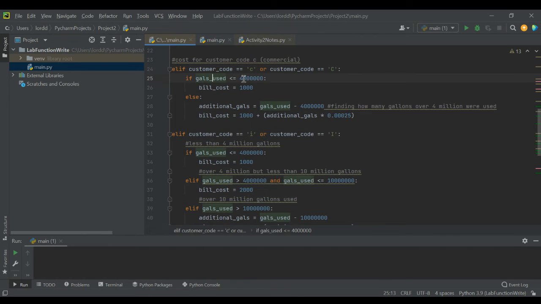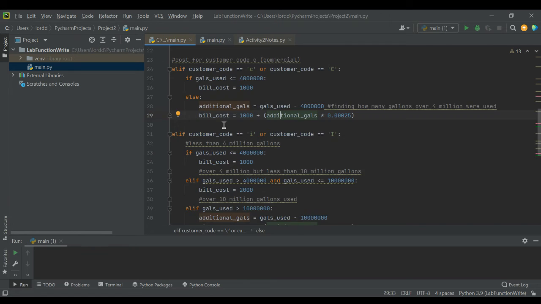And now if gallons used is less than or equal to 4 million, then the bill cost is just 1,000. But if it's greater than 4 million, first we calculate how many gallons above 4 million it was. So we get gallons used minus 4 million to find those additional gallons. And then to calculate our bill cost, it's 1,000 plus 0.00025 times the additional gallons.